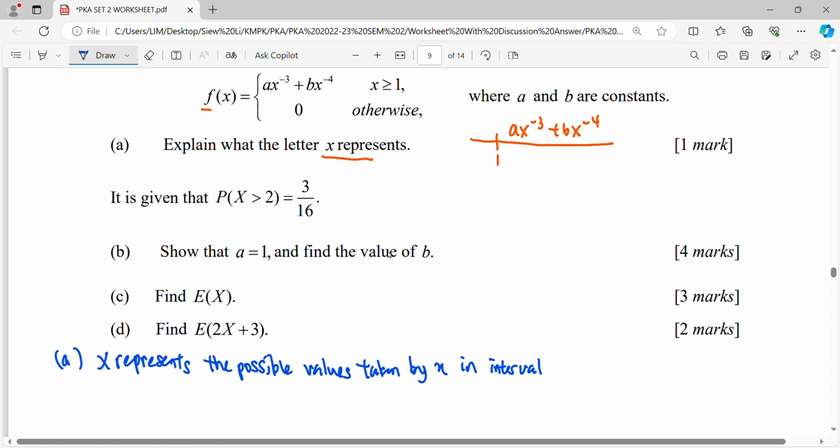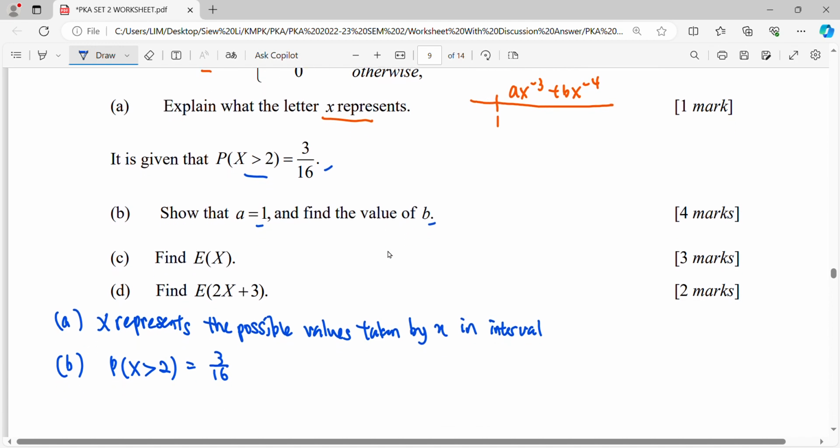And then the given here, probability x more than 2 is 3 over 16. Show that a is 1, and then find b. In continuous random variable, we know that the total probability is supposed to equal 1, which means you have to integrate from 1 up to infinity.